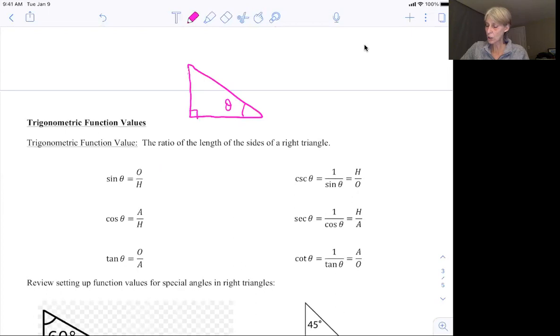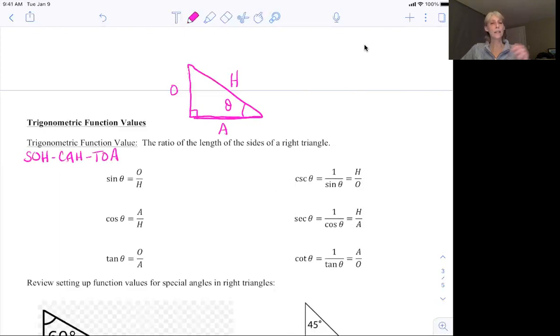The side across from the angle is the opposite. The side touching the angle is called the adjacent. And in a right triangle, this is our hypotenuse. And when we set up trig function values, we use SOHCAHTOA. That's our little saying to remember.